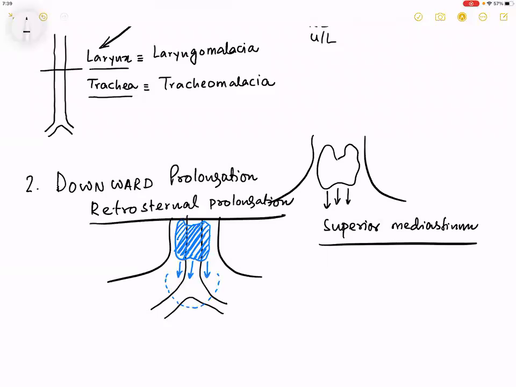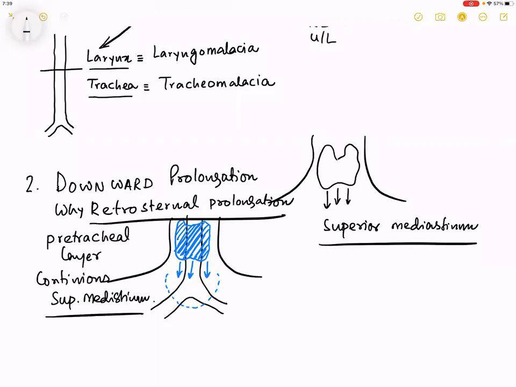What is important is why retrosternal: because the pretracheal layer is continuous with the superior mediastinum. So this is the answer that completes your description.